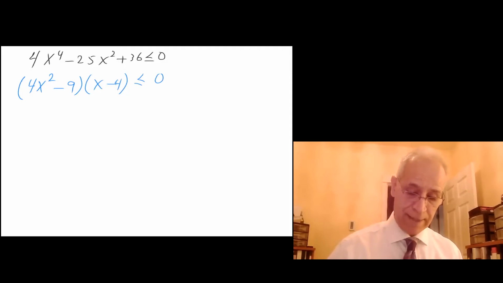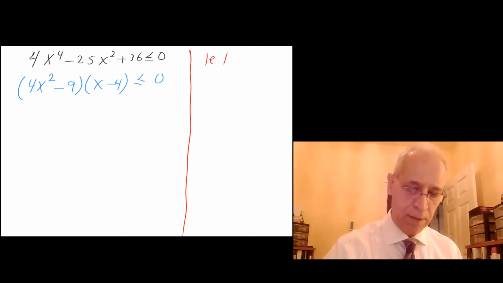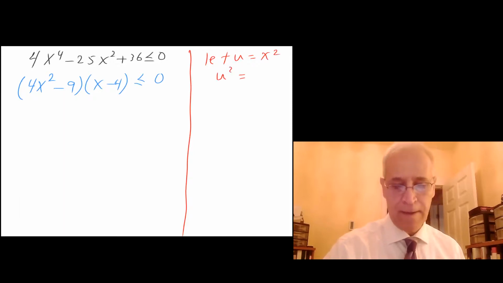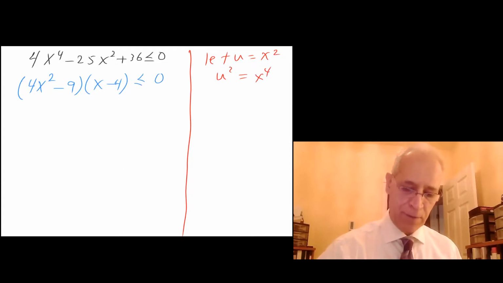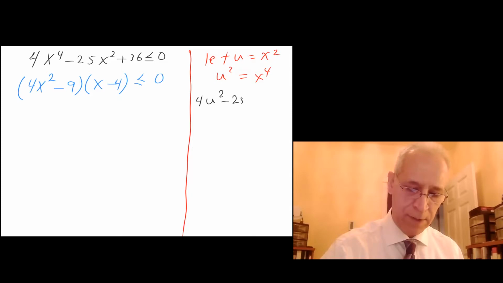You could say, let u equal x², therefore u² equals x to the power of 4. So now you could rewrite this inequality as 4u² − 25u + 36 smaller than or equal to 0.